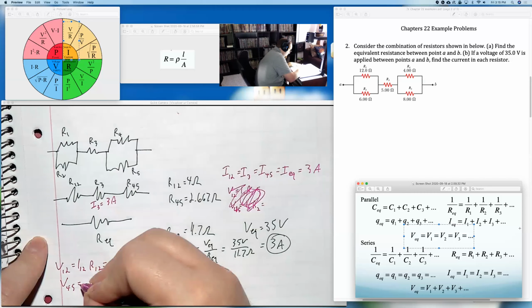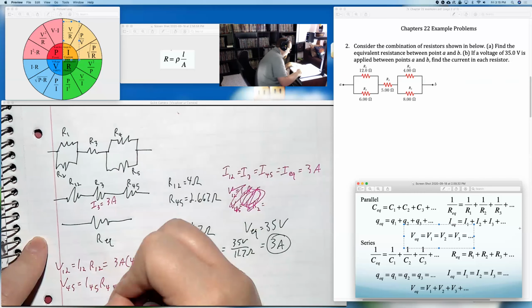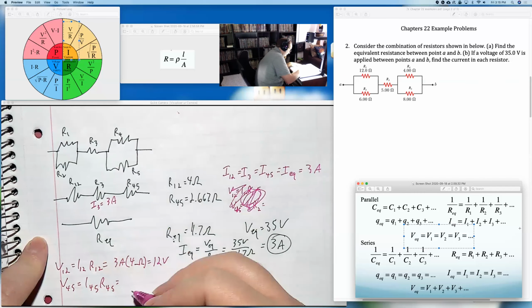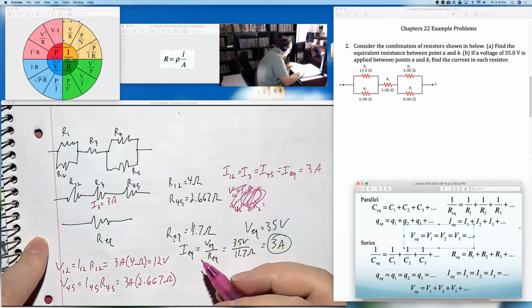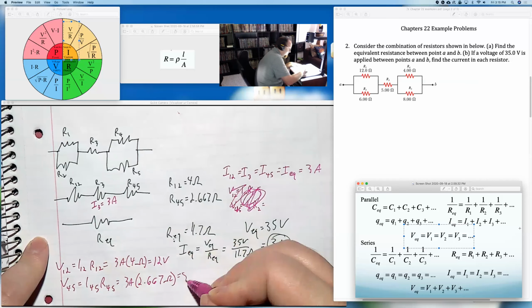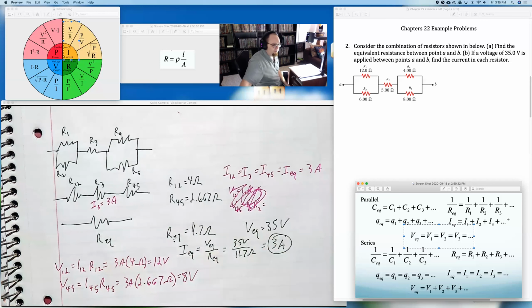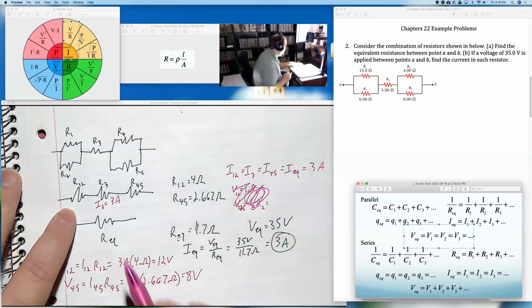V45 is I45 times R45, which is 3 amps times 2.667 ohms, which was 8/3, so 8 volts. Okay, that's the voltage on, let's just start with 1, 2.